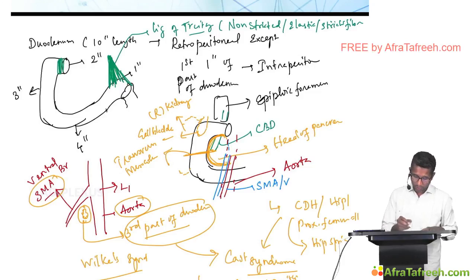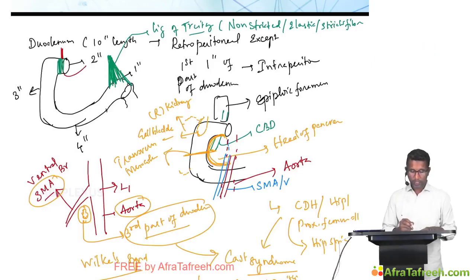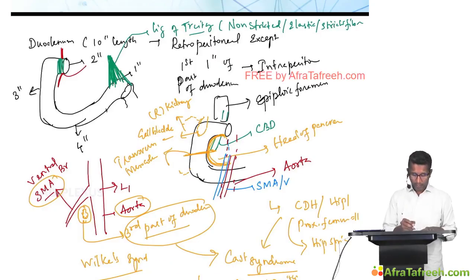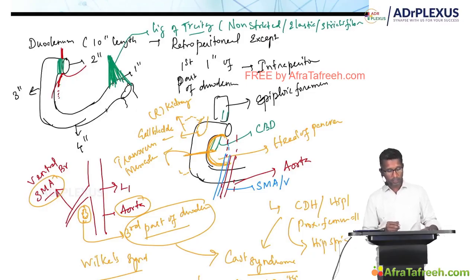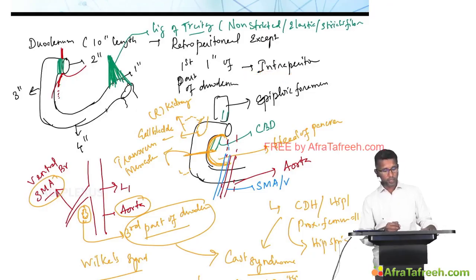You all know there is an artery called the gastroduodenal artery. After crossing behind the duodenum, it divides into the right gastroepiploic artery and the superior pancreatico-duodenal artery. The superior pancreatico-duodenal artery divides into a right branch and a left branch and supplies the head of the pancreas and the second part of the duodenum.